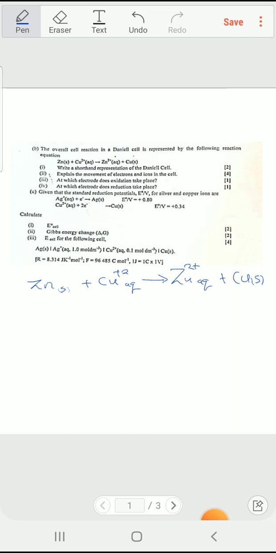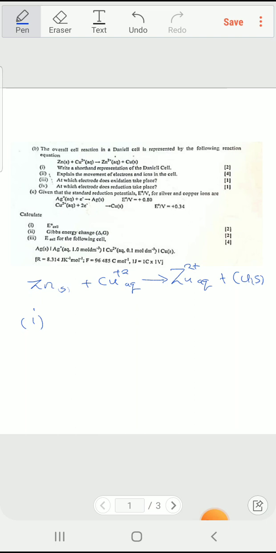Now, question number 1 says, write a shorthand representation of a Daniell cell. How can we write that? You know that we need to analyze which one is oxidation and which one is reduction.